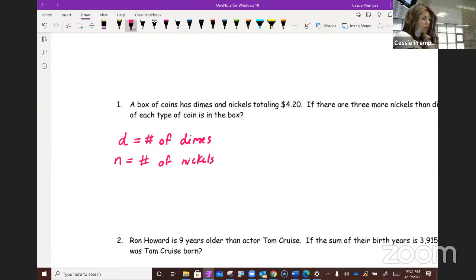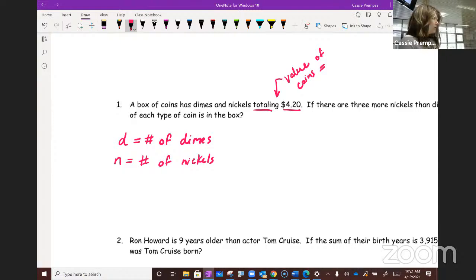Now, looking at the question, I'm going to set up equations based off of what I see. So number 1, it says a box of coins has dimes and nickels totaling $4.20. So now we're not talking about how many dimes and coins specifically. We're looking at the value of the coins equals $4.20.